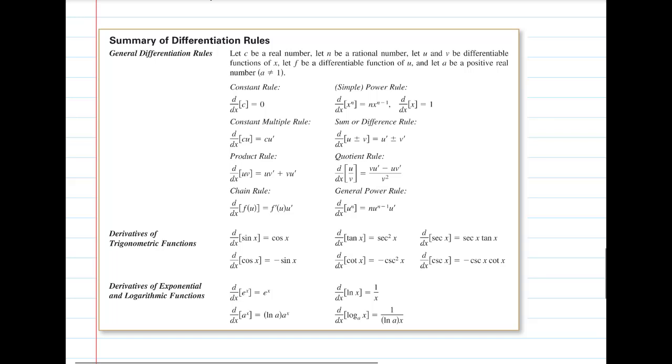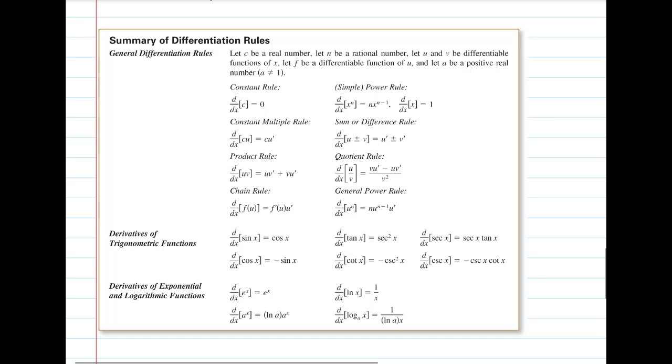So here's a summary of all the differentiation rules that we've seen so far, and they've already been generalized with the chain rule. Remember, if we have composition of functions in any of these rules, then we have to apply the chain rule to all of these. Notice our constant multiple rule, our power rule, the product rule, the quotient rule. Notice how some of these have simple in front of them as opposed to general.